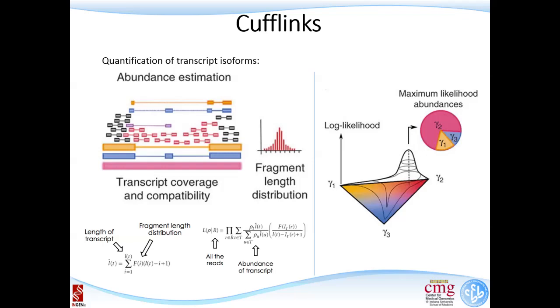Then you put reads into them, and you calculate the new log likelihood in an iterative procedure until you optimize this equation. Finally, what you end up with is your abundance. This is based on the probability that you think these reads should be binned into these different transcripts, modified by the abundance.